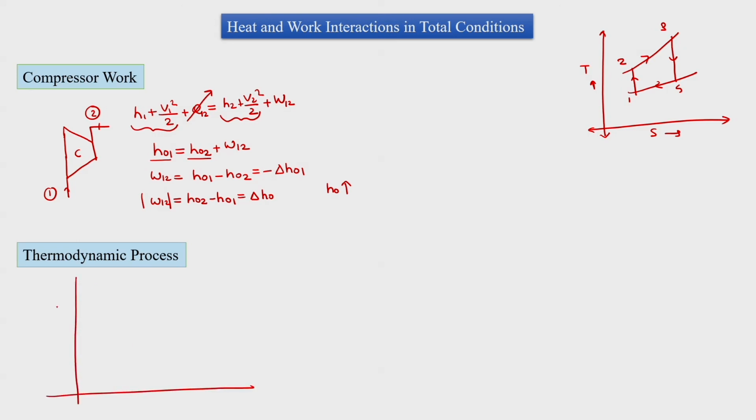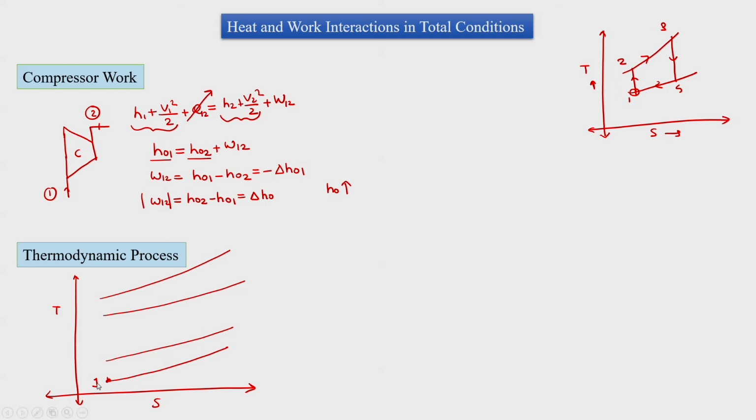So this is T, this is S, which is temperature and entropy, and now we will plot particularly 4 lines, where this is station 1 as what we wrote here.